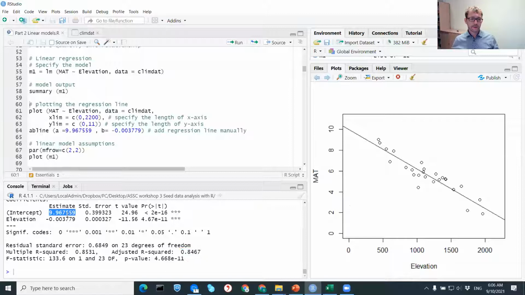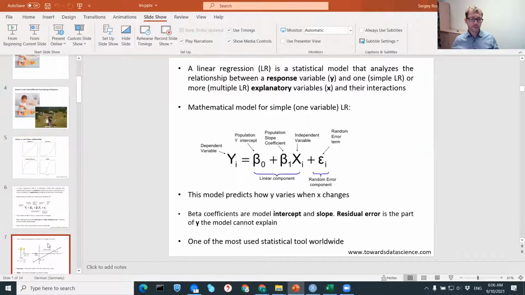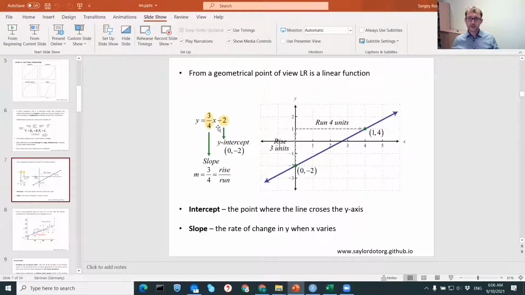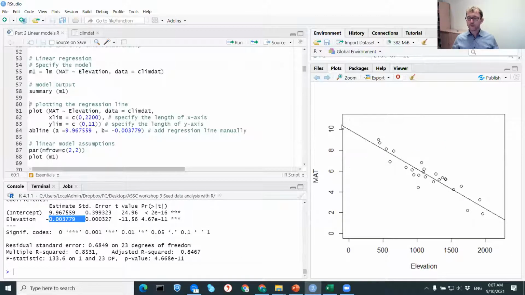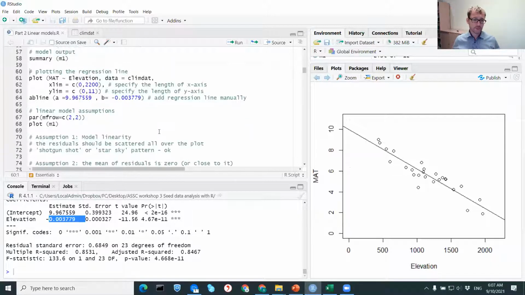We have here an intercept, we have an elevation, and those two numbers show me the relationship in those two variables. And now what I can do, I can predict mean annual temperature values for the elevations I don't have any climate data for, because I know that, based on those 25 observations, for some missing elevations here, I can find out the mean annual temperature.